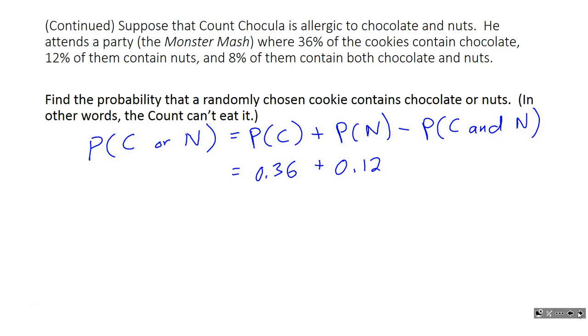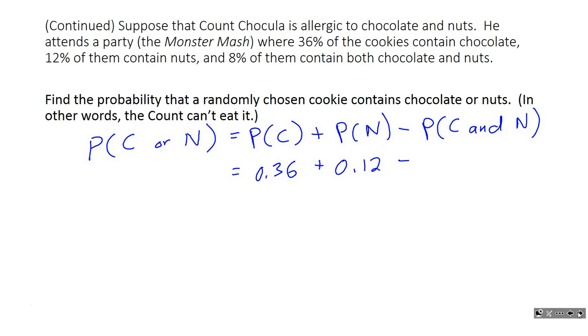The reason we have to subtract something is we have an amount that we're counting twice. The cookies with chocolate, some of those have nuts. The cookies with nuts, some of them contain chocolate. In both cases, we're counting the same identical cookies there, so we have to subtract away the and statement, probability of chocolate and nuts.